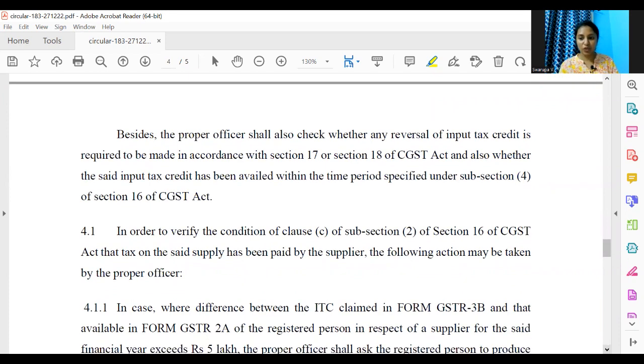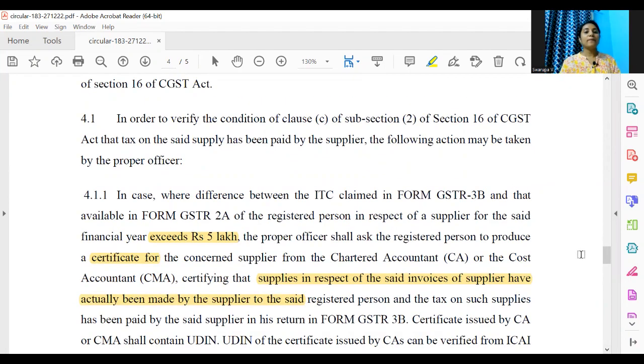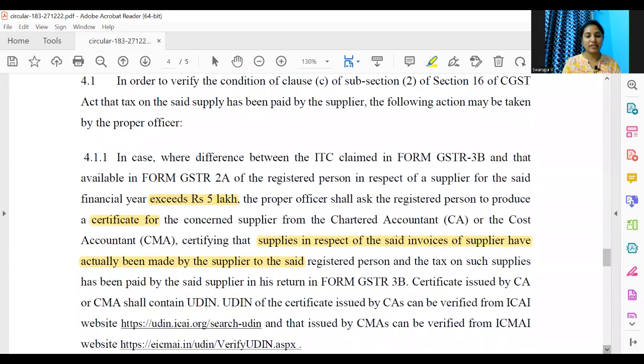For this, the circular clarifies that in case the differential amount, that is the ITC availed in GSTR 3B but not available in GSTR 2A, exceeds 5 lakh rupees, then the proper officer will need a certificate from a chartered accountant or a cost accountant certifying that the supplies in respect of these invoices have been made by the supplier to the registered person and the supplier has remitted the tax in his Form GSTR 3B.